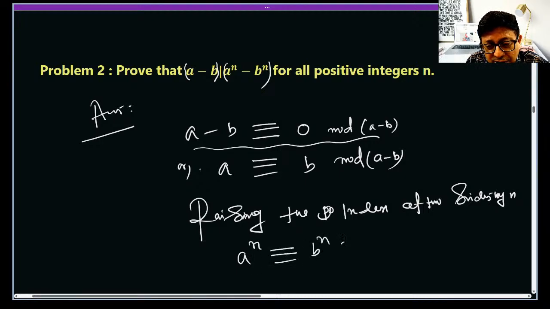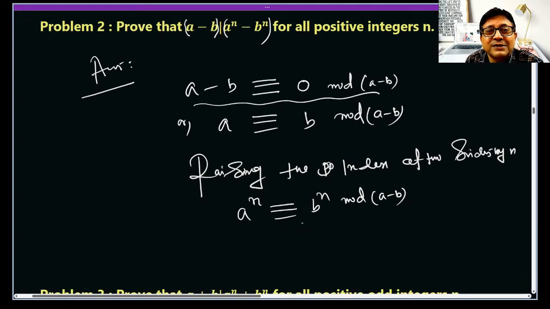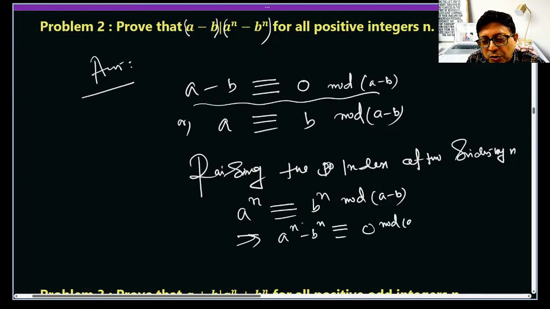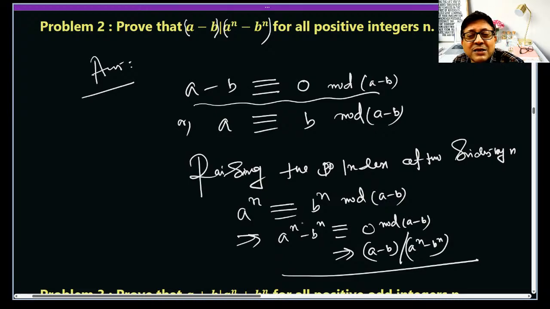This is congruent with... So this implies that, you add minus B to the power n on two sides or take it on the left side, congruent with 0 mod A minus B. Clear? So this implies that A minus B divides A to the power n minus B to the power n. Hope you have understood. Nothing new here, nothing very difficult here, isn't it?